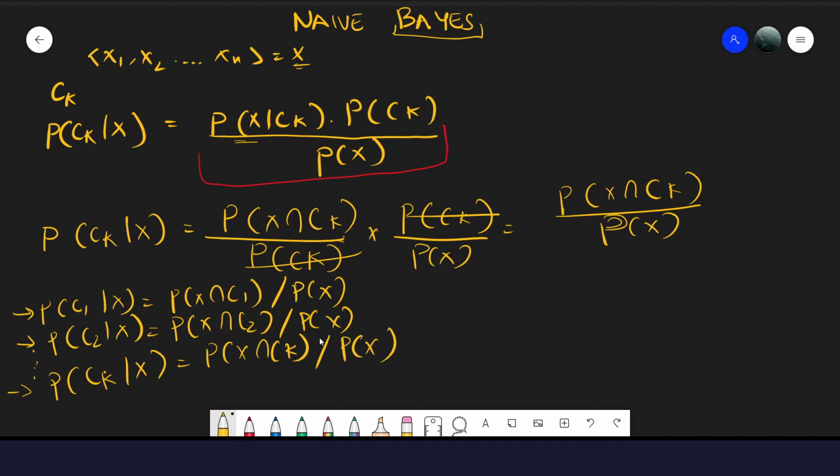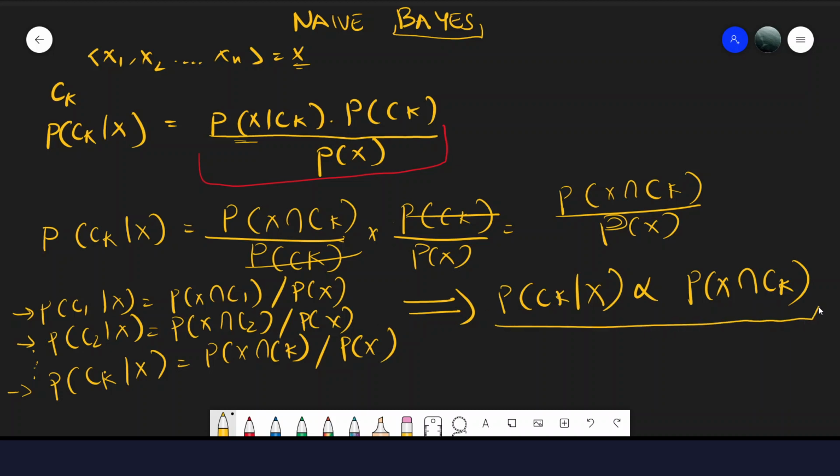So you can see that P of x is a common denominator everywhere, in each of these formulations for finding the probability of the classes. So I can write this as P of CK given X is directly proportional to P of X and CK. This is important to carry out the derivation forward.